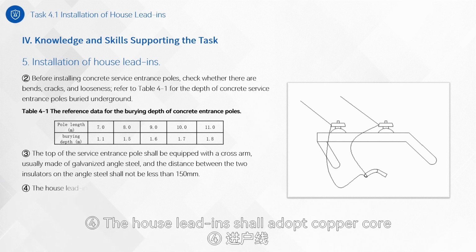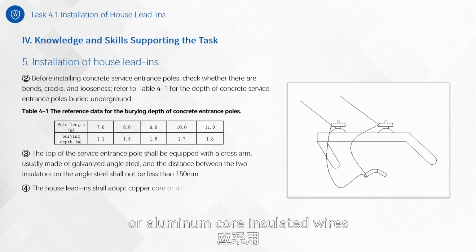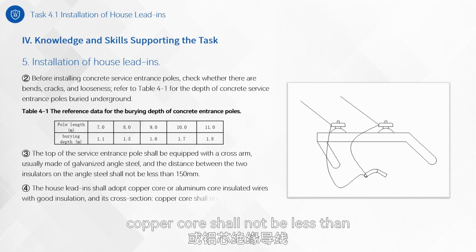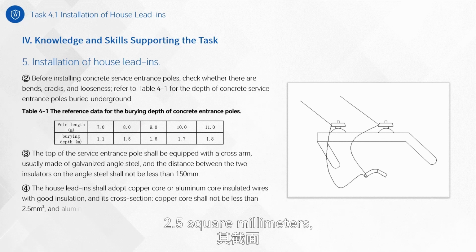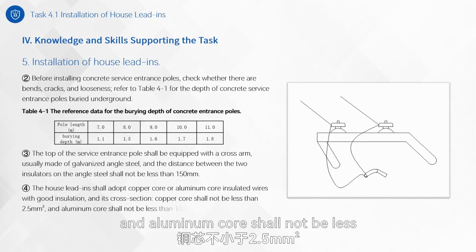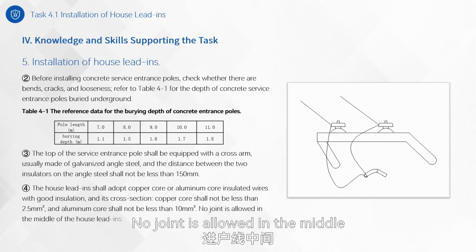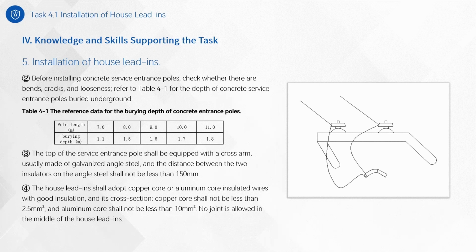4. The house lead-ins shall adopt copper core or aluminum core insulated wires with good insulation and its cross-section. Copper core shall not be less than 2.5 square millimeters, and aluminum core shall not be less than 10 square millimeters. No joint is allowed in the middle of the house lead-ins. 5.